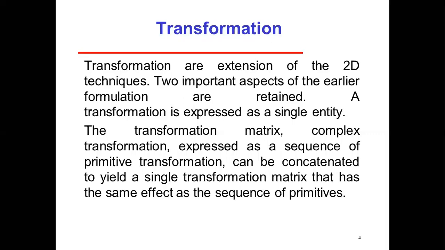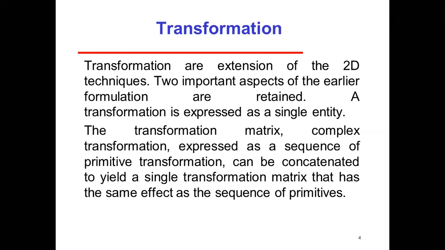You are applying translation, rotation and scaling, and ultimately you concatenate all of these transformations and get a single entity. After applying the concatenation process, you finally get a single transformation.